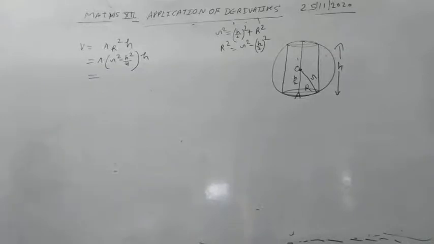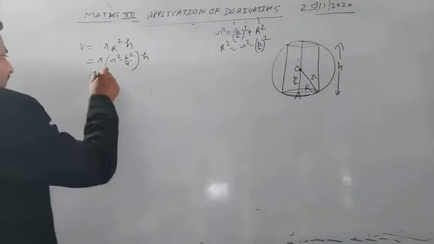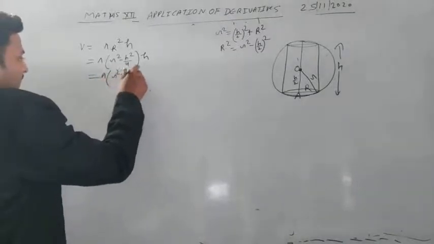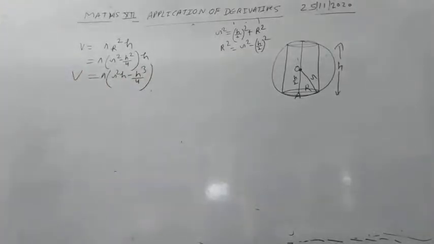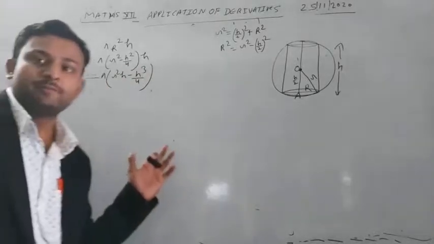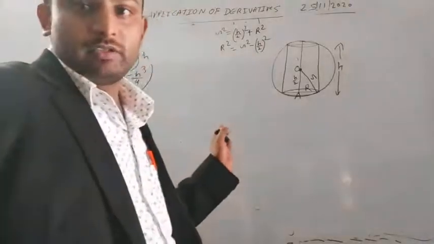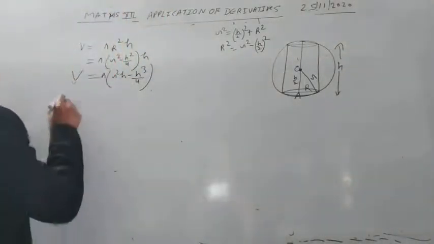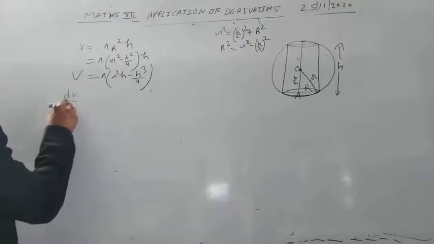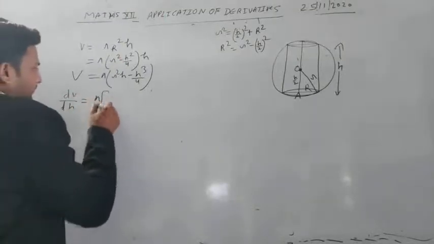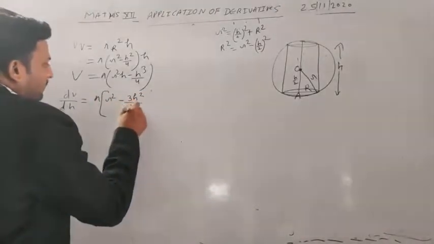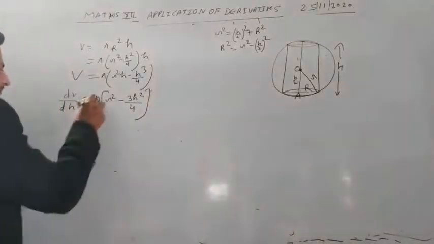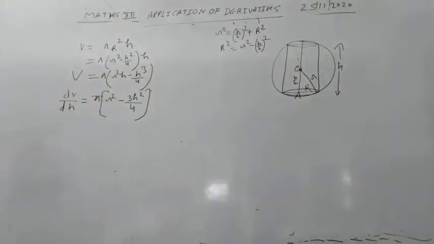Now we will multiply this h inside, and we get V equal to pi (r square h minus h cube by 4). Now we will differentiate this with respect to h. So dV by dh will be pi times (r square minus 3h square by 4).